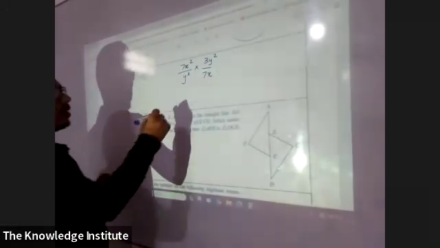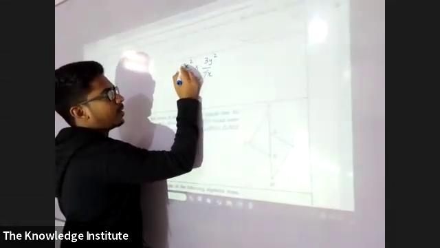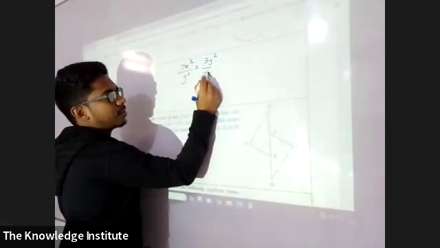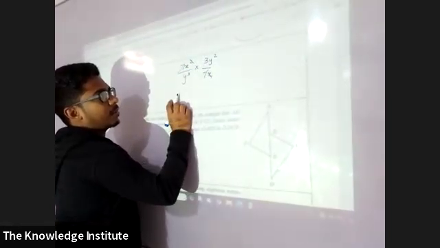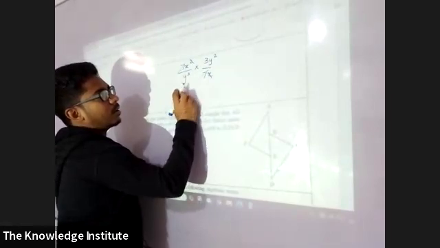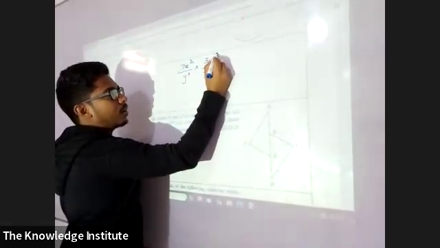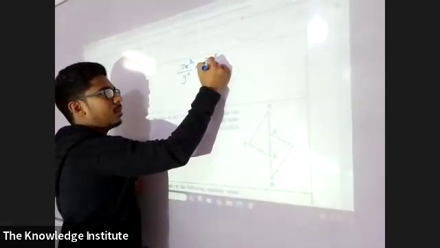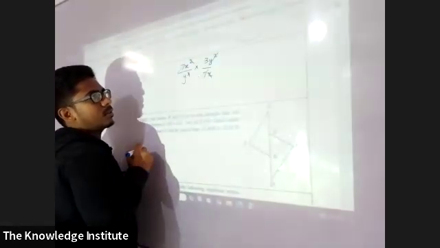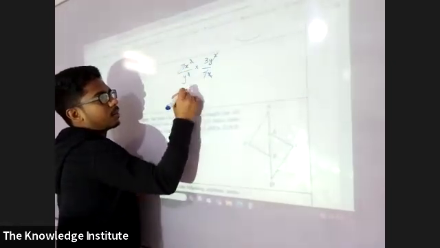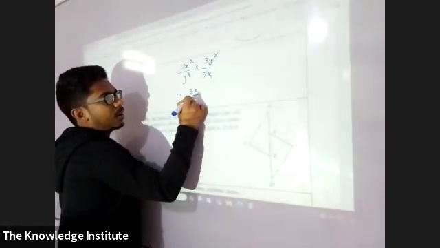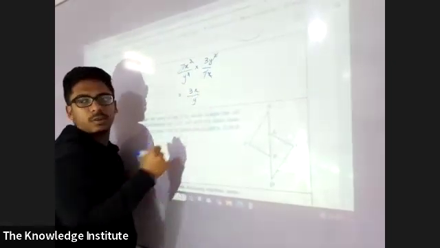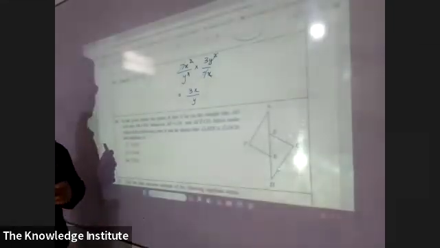We want to simplify this. Here we can divide 7 by 7, and one of the x cancels with x. And here the y squared cancels with the y cubed. So you will get the numerator 3x and the denominator y.